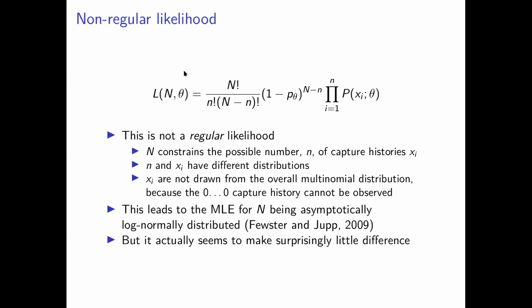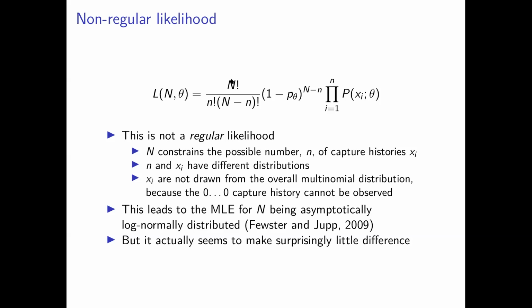Okay, so this is actually a non-regular likelihood, which means that n is constraining the possible number, little n, of capture histories. So the small n can never be larger than big N, because you can never capture more animals than exist in the population, right?